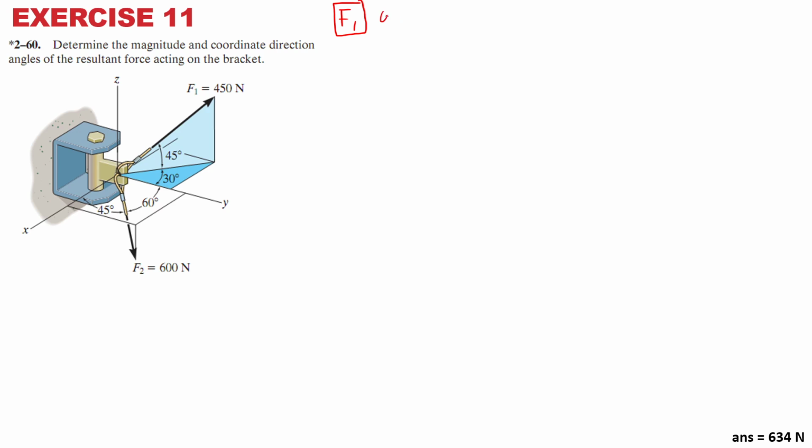We need to convert to vector I, j, k. Again, this is your y prime. You're going to have components, this one.